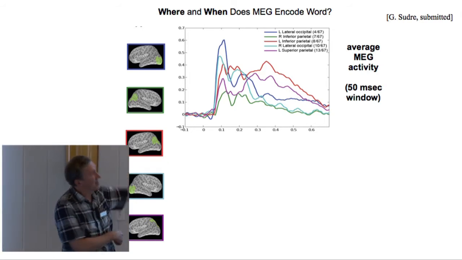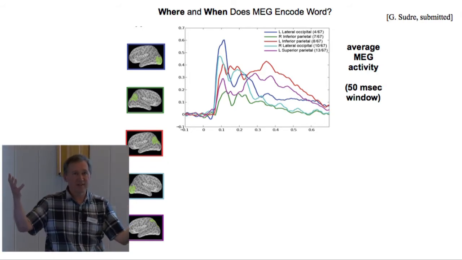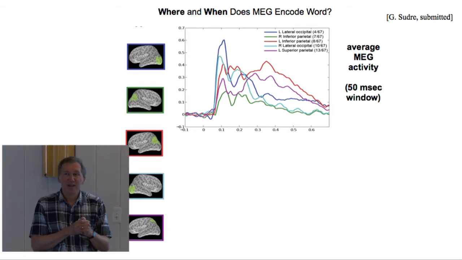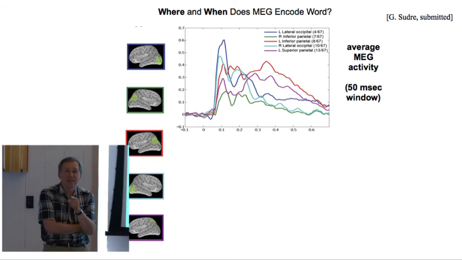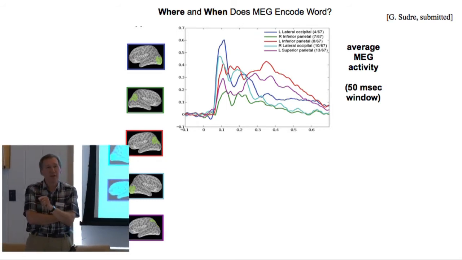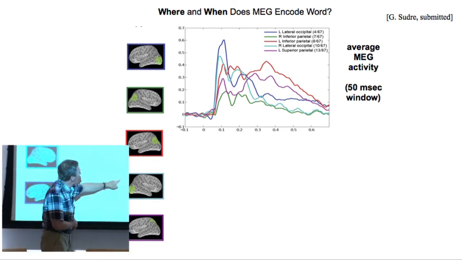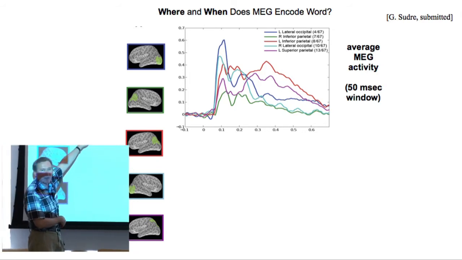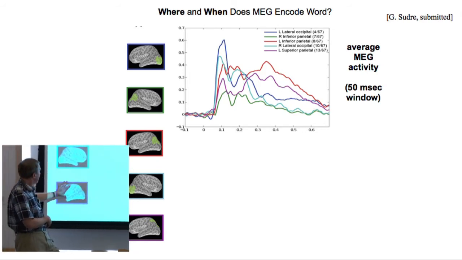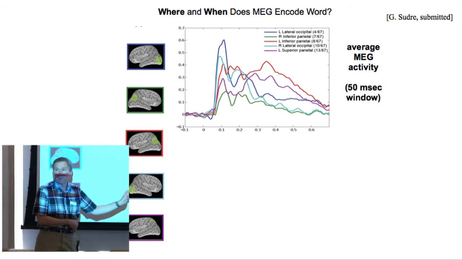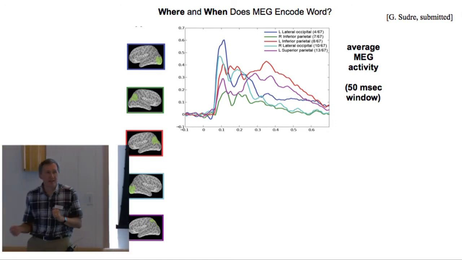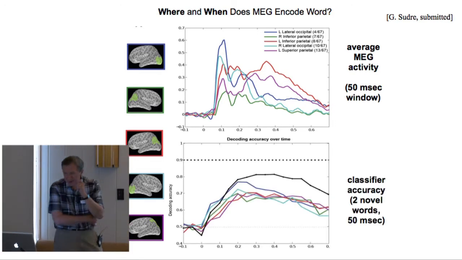And that plot is showing us how much activation there is from MEG in those regions. But the interesting question, of course, is what information is being coded when in those regions. So what we'd really like is a plot across time of how accurately we can decode from this region, as a function of time, say, the word identity. And so that plot looks like this.